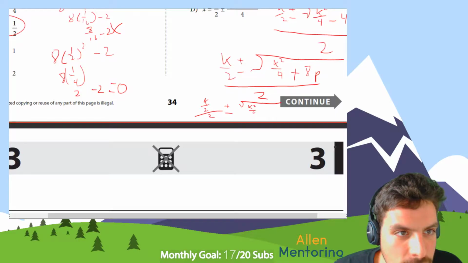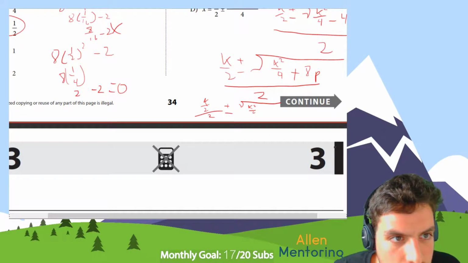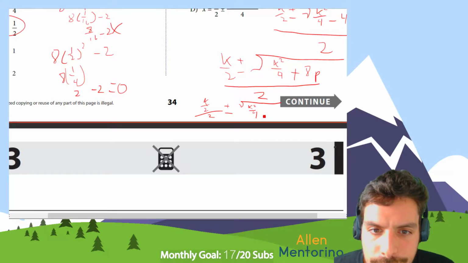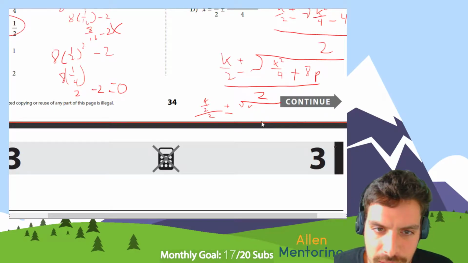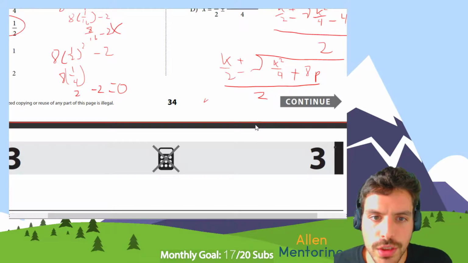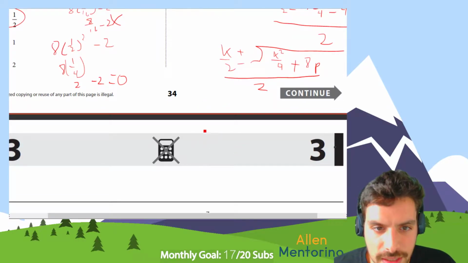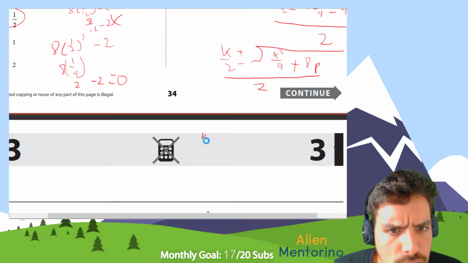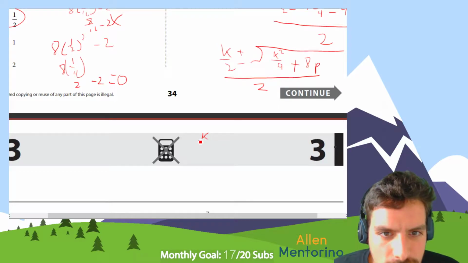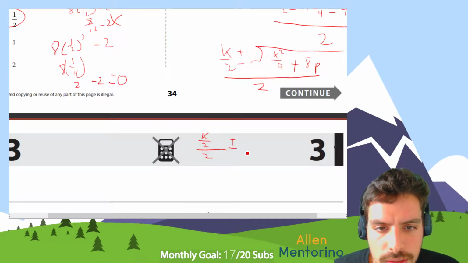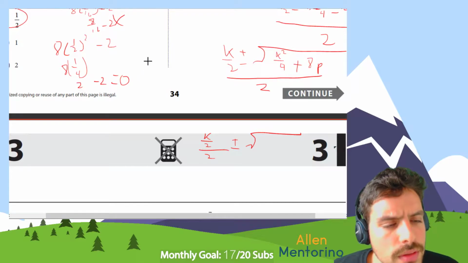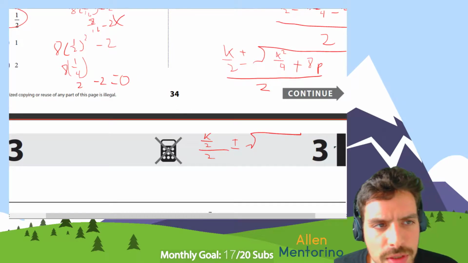Oh, I kind of like the zoomed in here. It's pretty nice. Actually, I'm not going to write this here. Sorry. I'm going to write this here. K over 2 plus or minus the square root of... I don't know why I'm having so much trouble typing.